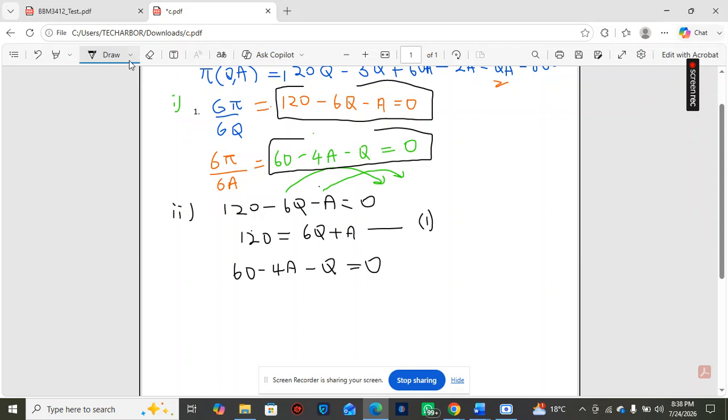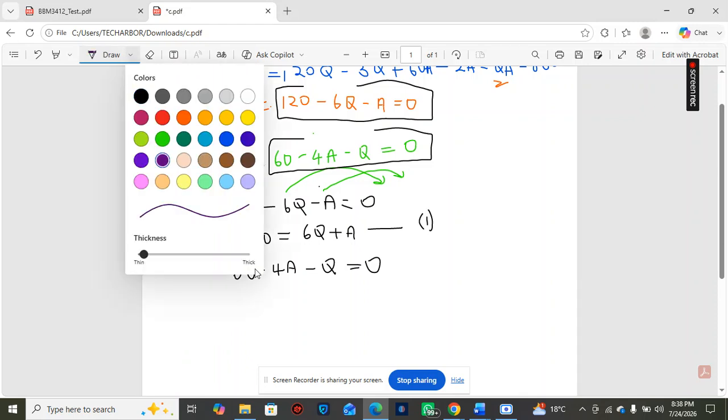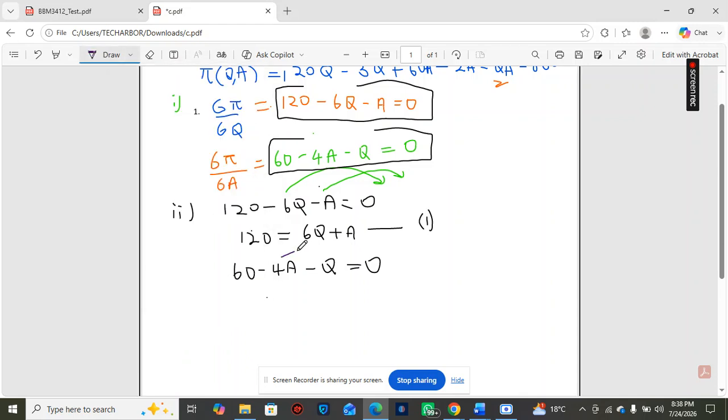So this negative 4A, we can take it over this side, and this negative Q, we can take it also over that side. So that we have 60 equals 4A plus Q as equation 2.